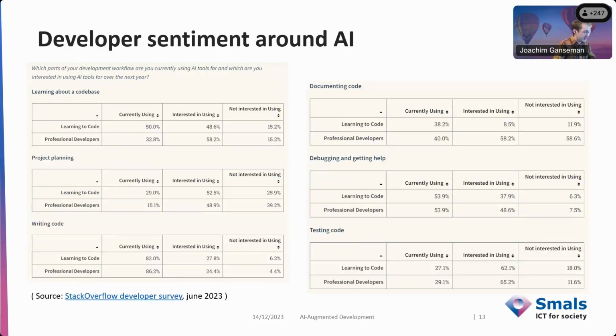Now, if you look a bit more into detail in the Stack Overflow developer survey, and you look at different tasks that need to be performed by a developer, there's learning about the code base, project planning, writing code, etc. Then you see that nowadays, for writing code at least, these tools are being adopted by virtually everyone.